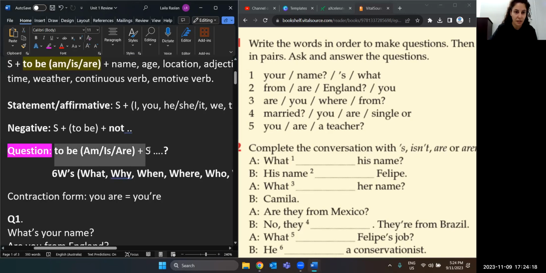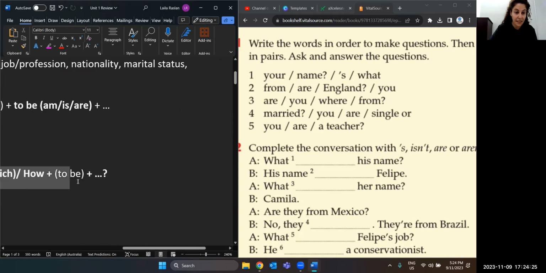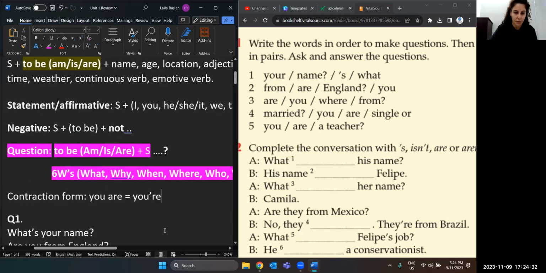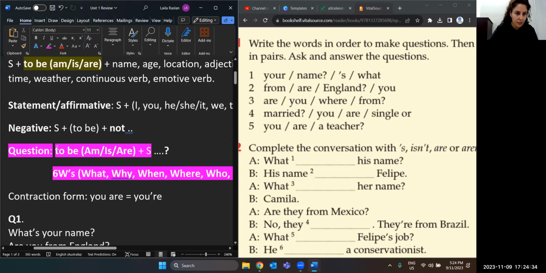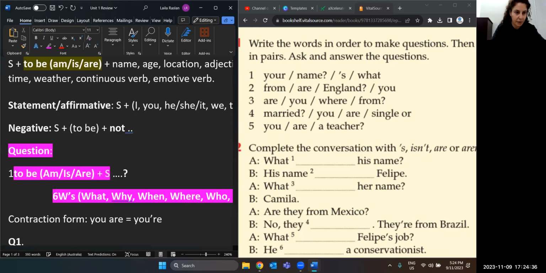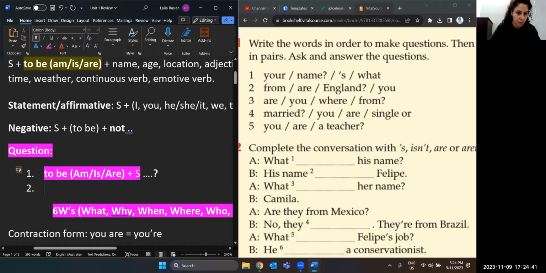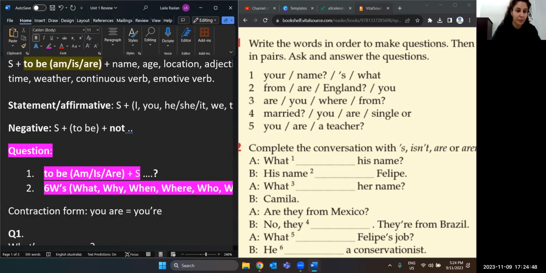So we can do it with the first one, to be, or the 6 W's and then to be. So you've got to make sure you know the full rule. Okay, so 2 ways in the present simple. We're only just talking about the present simple to make a question.